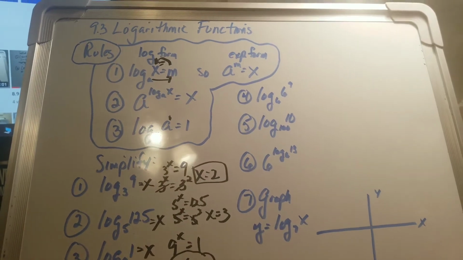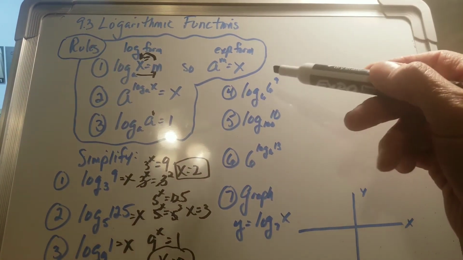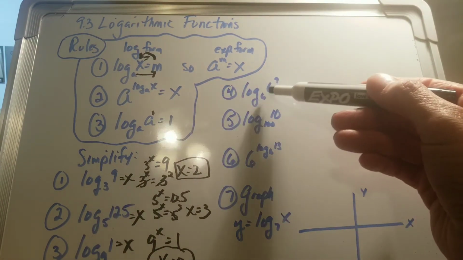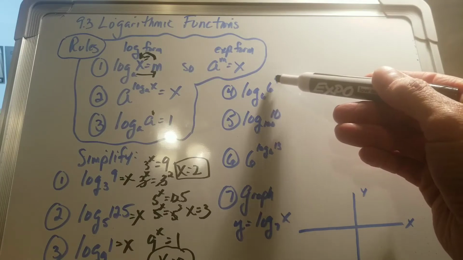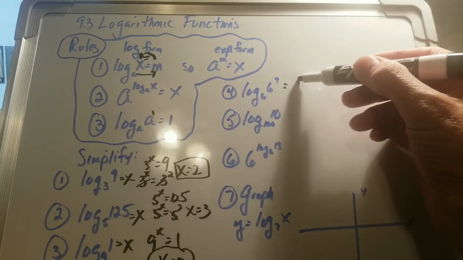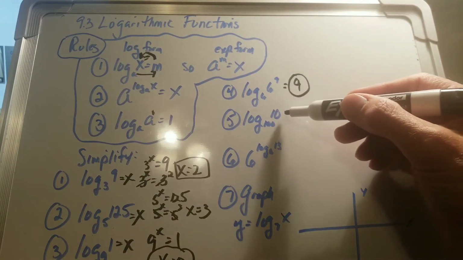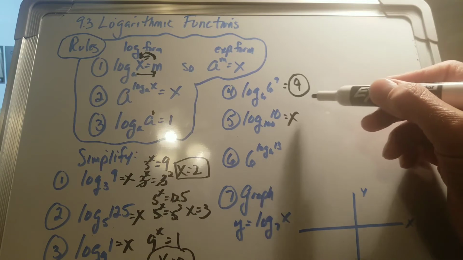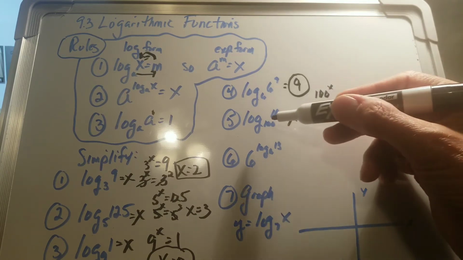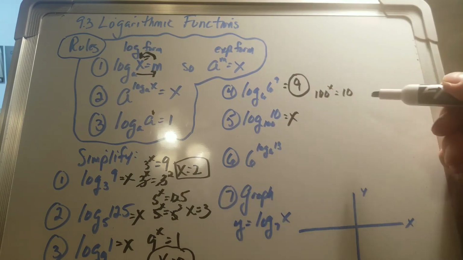Okay, moving on. Number 4 looks like number 3. These numbers are the same. Whatever number's up here is what that little number is, and it's now equal to 9. Now on this one, put equals x and go 100 to the x power, going counterclockwise. 100 to the x equals 10.